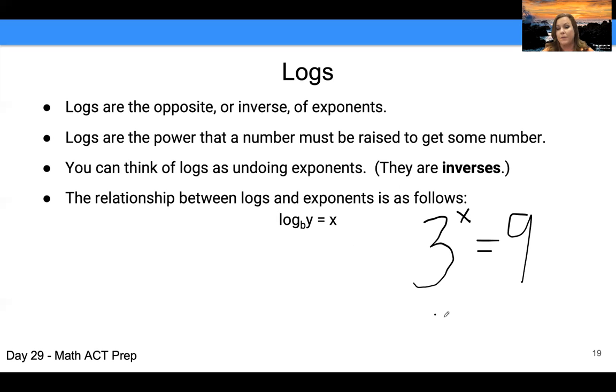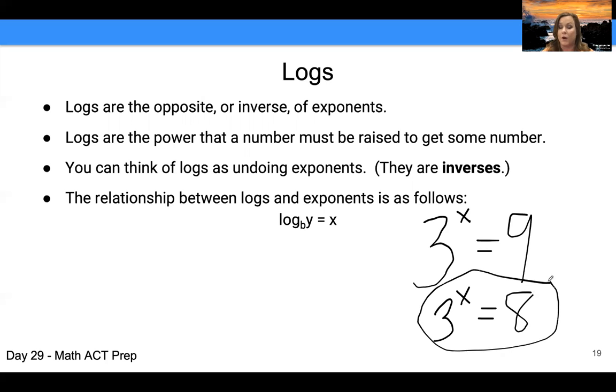What if I gave you this one? 3 to the x power equals 8. You're going to go, I have no idea how to do that. That's what logs were for. Logs were invented to solve this equation right here, because this one's easy to do, this one's hard, okay?